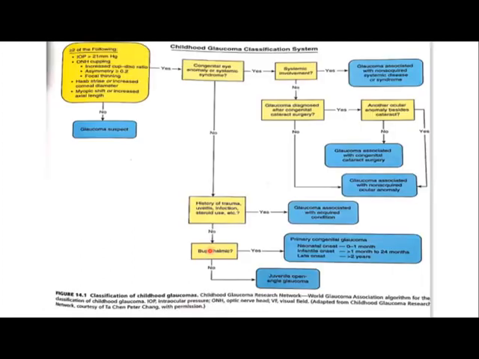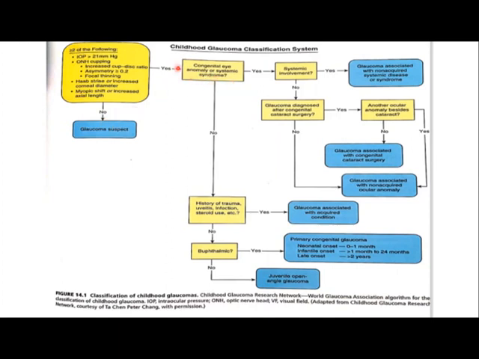Next, we are discussing primary congenital glaucoma. This is the classification system for primary congenital glaucoma, the childhood glaucomas classification system. If two or more of the following from this box are present, then we have to look for a congenital eye anomaly or systemic syndrome.